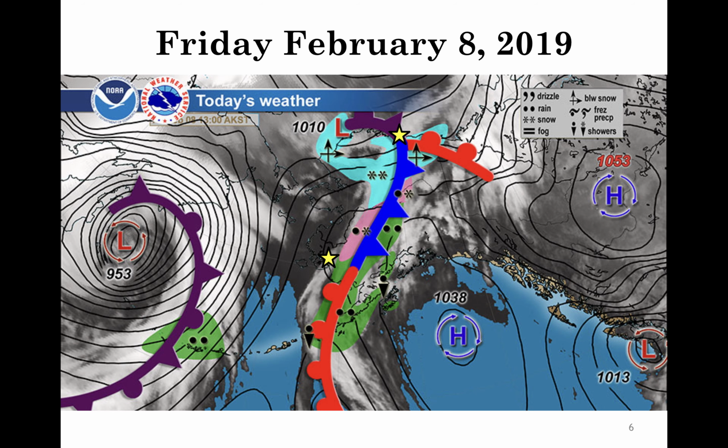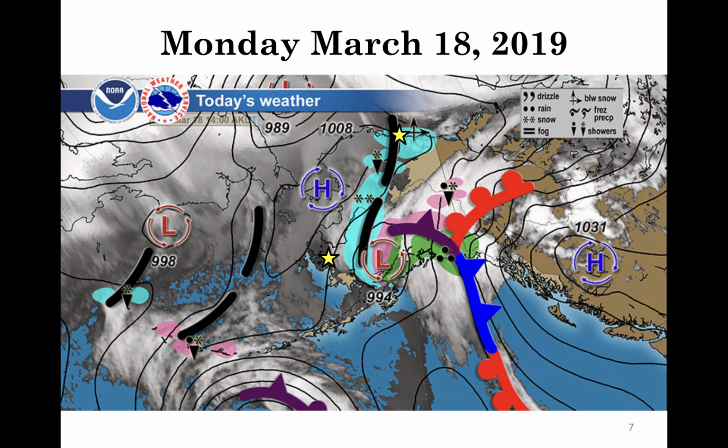Let's take a look here. We're going to move to March. So March 18th in Bethel, the temperatures are typical. And in Kubrick, the temperatures are much higher than normal.